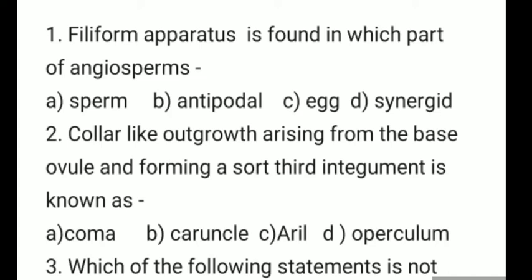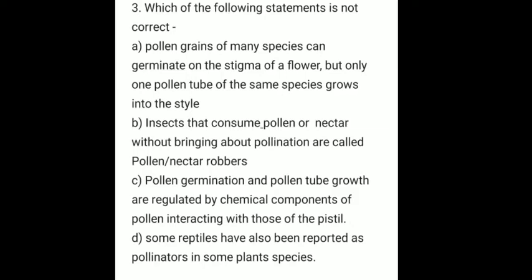Next, question number 3. Which of the following statements is not correct? Option A. Pollen grains of many species can germinate on the stigma of a flower, but only one pollen tube of the same species grows into the style. Option B. Insects that consume pollen or nectar without bringing about pollination are called pollen or nectar robbers.